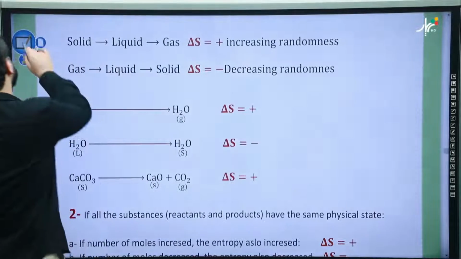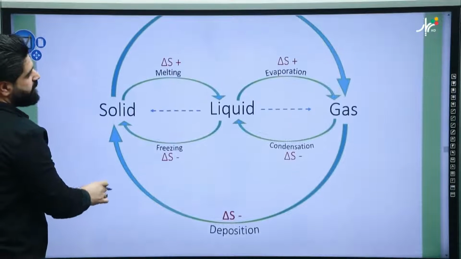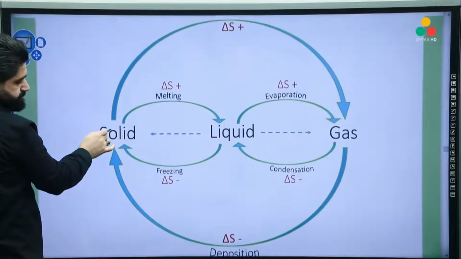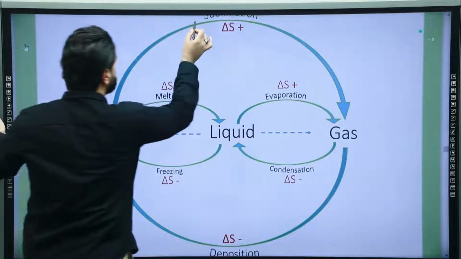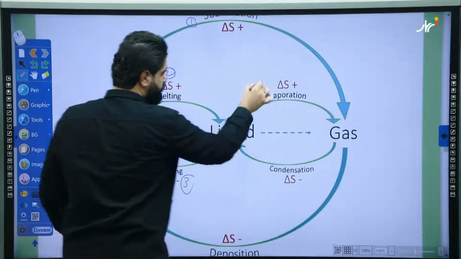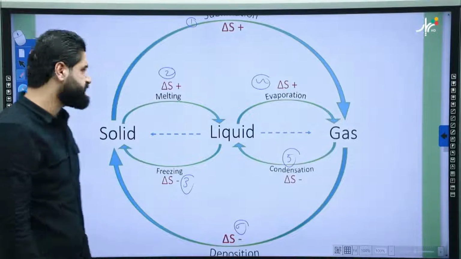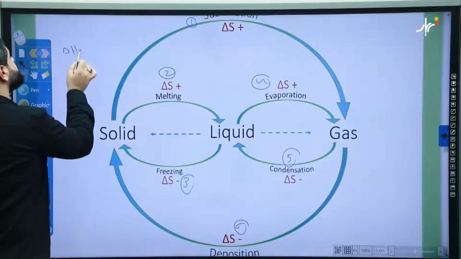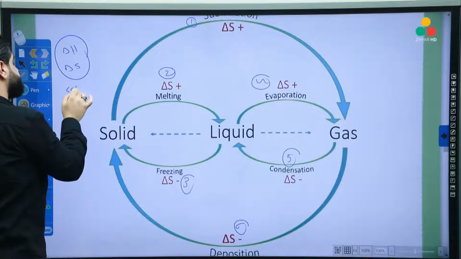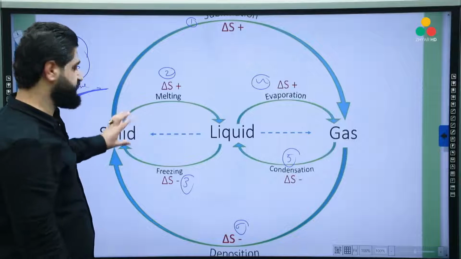Before leaving this page, in all of these 6 processes, the arithmetic sign of delta H is equal to that of delta S. It means they have the same arithmetic sign because they are physical changes.